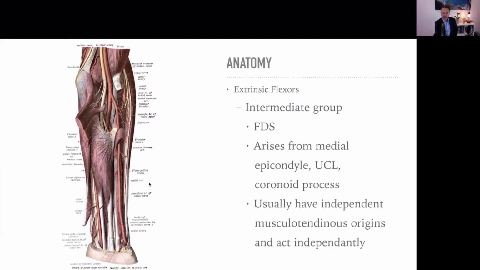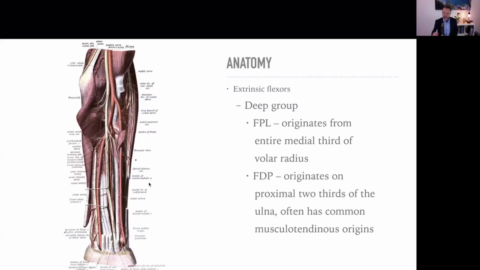One layer down in this intermediate group, our FDS, and as we saw last week, you can see this proximal leash of FDS here and a potential compression point for median nerve. We've got FDS coming down in that intermediate group. And our deep group, which lies beneath our neurovascular structures under here, our profundus tendons and our FPL.